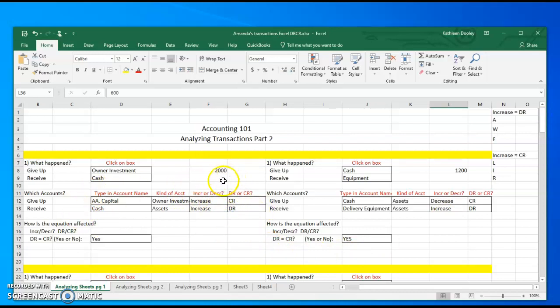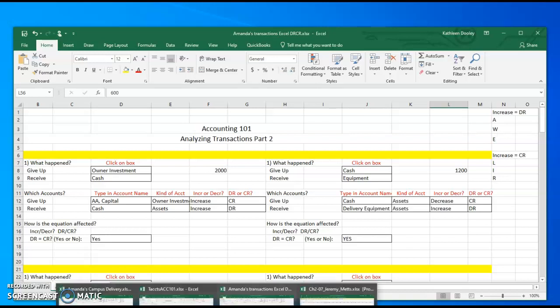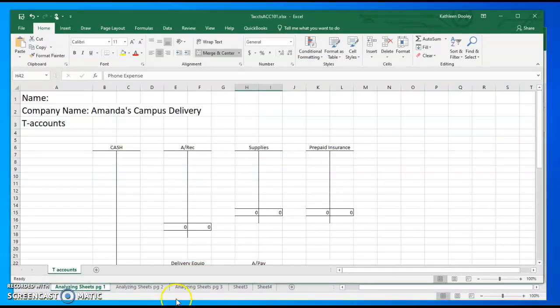We've already put our number there, so we know what the number is. Here I need to debit cash $2,000. So I go to my T accounts, and a debit is a left side number, so I'm going to put 2,000 on the left side of cash.